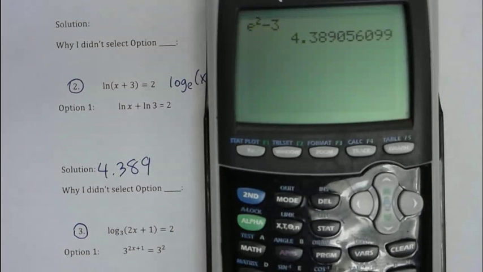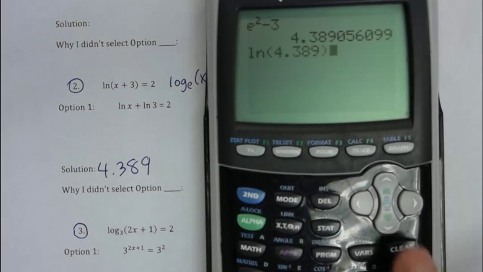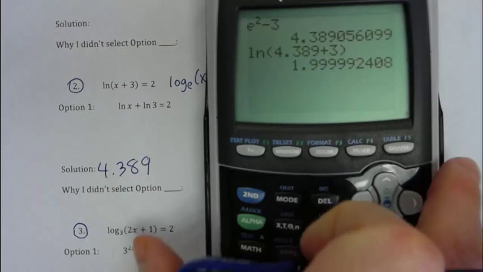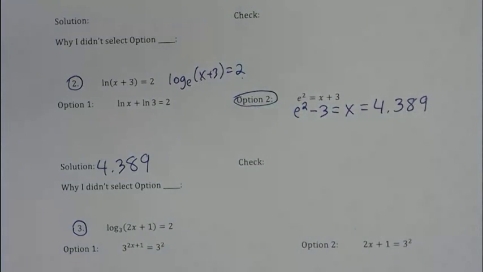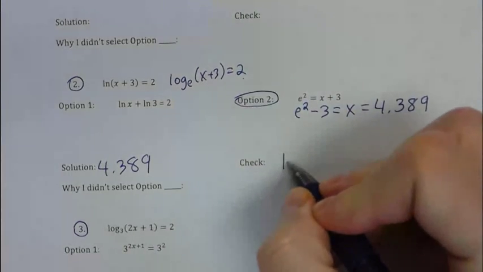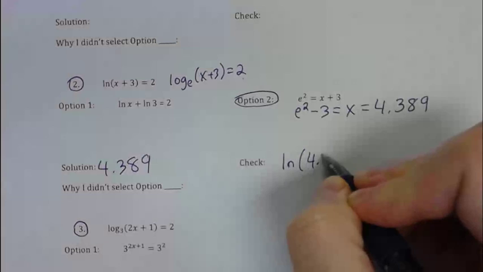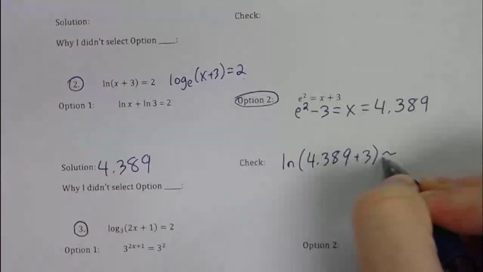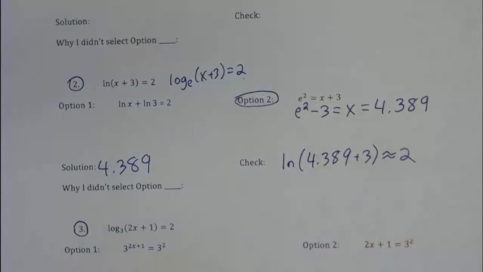So if I do the natural log of 4.389 plus 3, it equals almost 2. It's like 100,000th off because we rounded a little bit, and so that means that we did it correctly. We can check our answer by doing the natural log of 4.389 plus 3, and that does equal approximately 2, so we did it right.